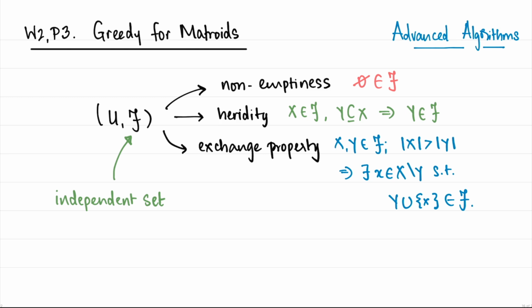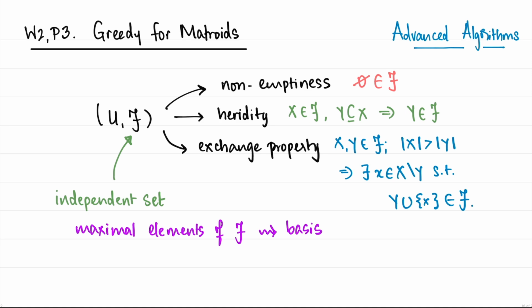So all elements of the family are called independent sets, and any maximal element in F is called a basis element.